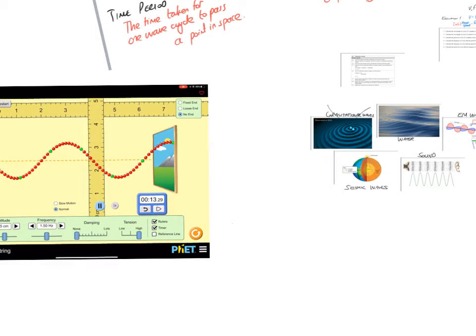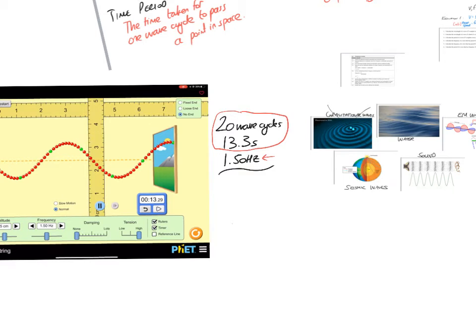So we've got 20 wave cycles, and that took 13.3 seconds, and the frequency that was set was 1.50 Hz. What I would like you to do is confirm using these two pieces of information that the frequency is in fact 1.5 Hz.